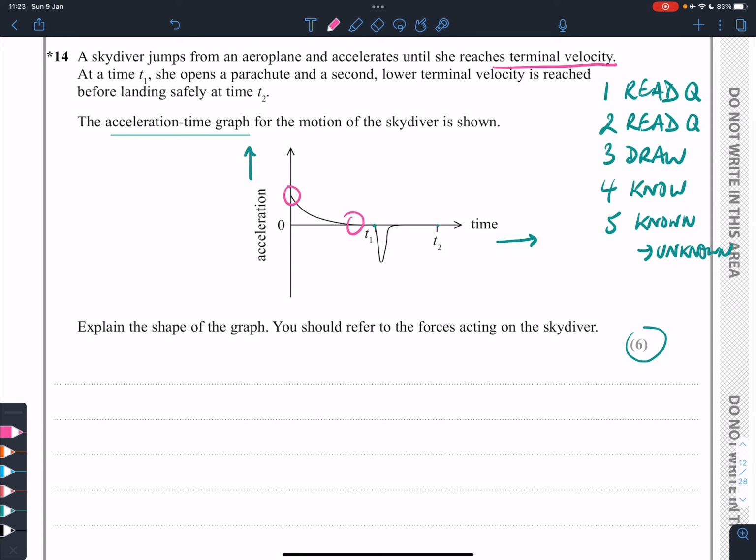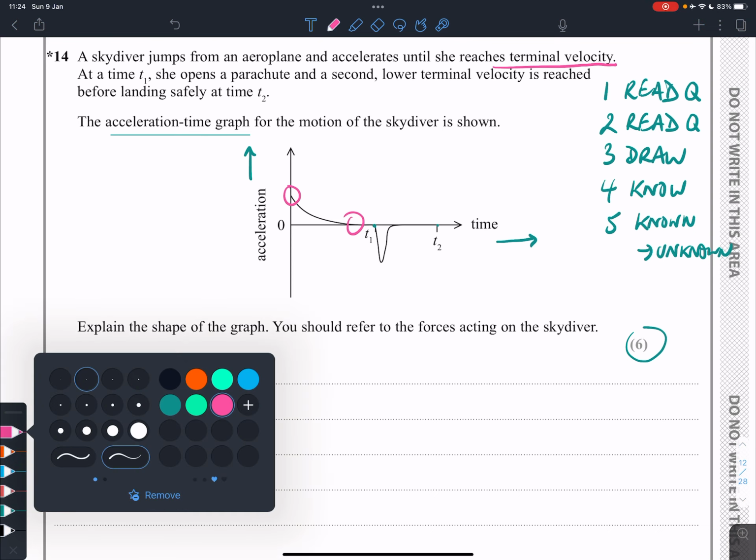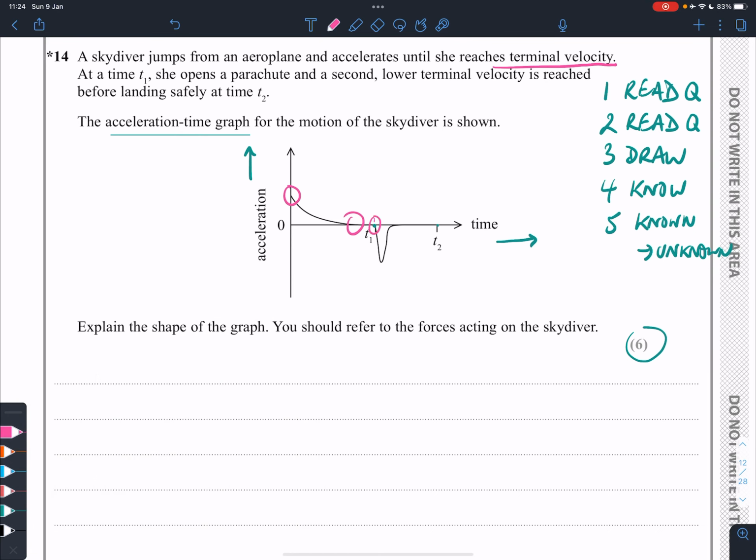Remember, terminal velocity means that the velocity is not changing, so the acceleration is 0. Opening the parachute, that's obvious, is here. Reaching a lower terminal velocity here. And then nothing happens. She lands safely.